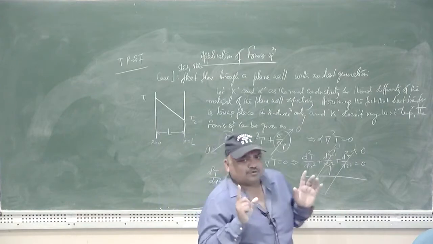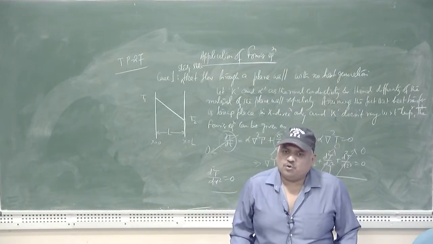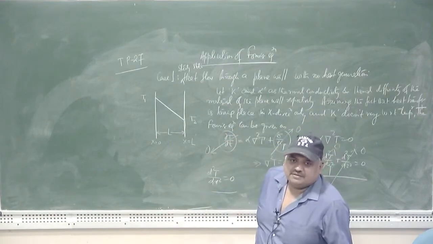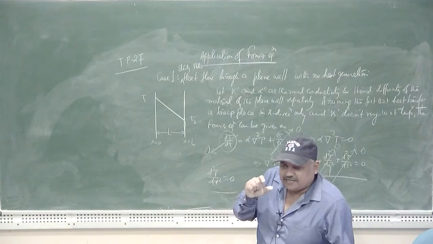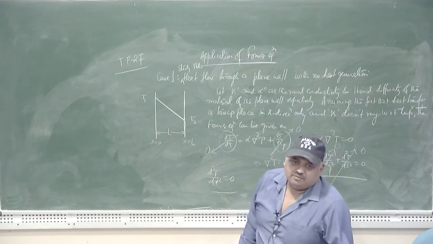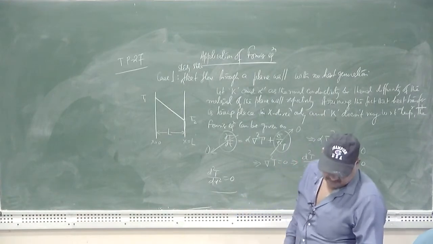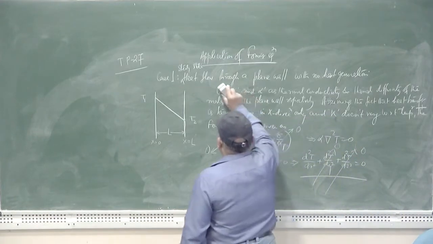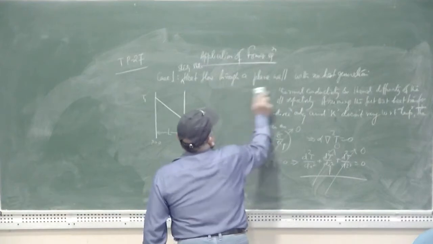Now we have to solve this differential equation with respect to the boundary conditions prevailing in the present case, and we will try to arrive at the exact temperature profile for the present case. So let us proceed for that, starting from d2T by dx2 is equal to 0.